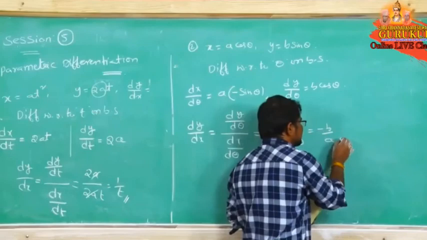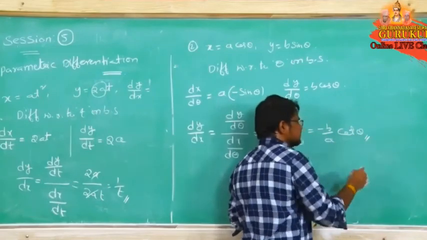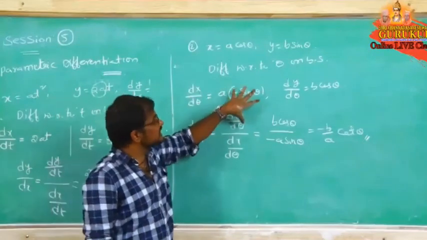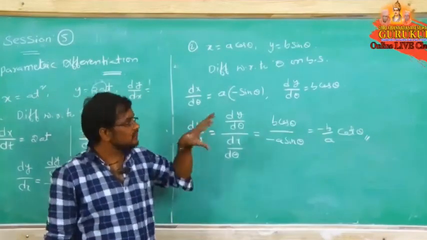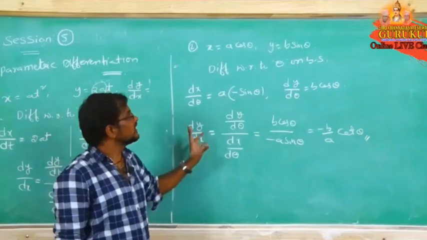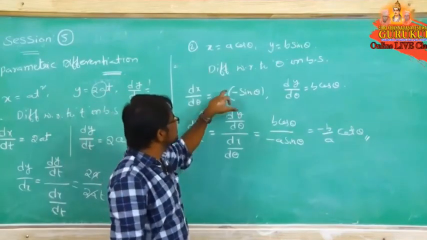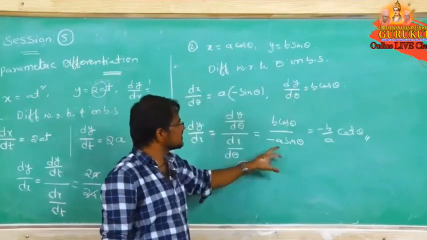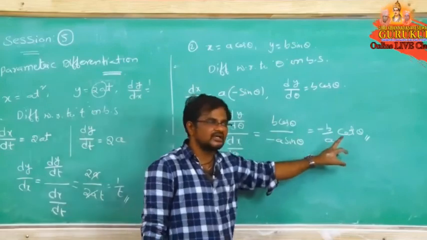Like this, many problems they will give, which is nothing but differentiation with respect to the parameter they give, then dy by dx we have to identify. Here dx by d theta differentiation, and dy by d theta, b cos theta by minus a sin theta, minus b by a cot theta.